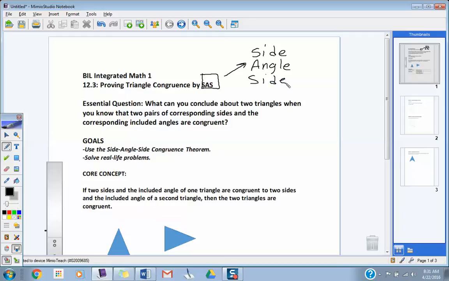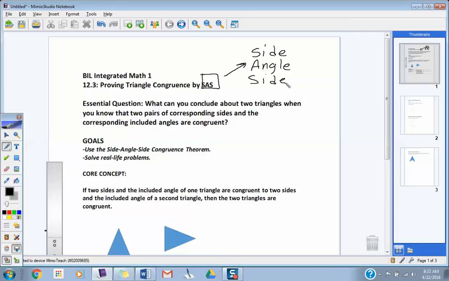Okay? So our question today is this. It says, what can you conclude about two triangles when you know that the two pairs of corresponding sides and the corresponding included angles are congruent? Right here, guys, it says use the side angle side congruence theorem to answer this question. And then we're going to look at some real life situations that would involve this.